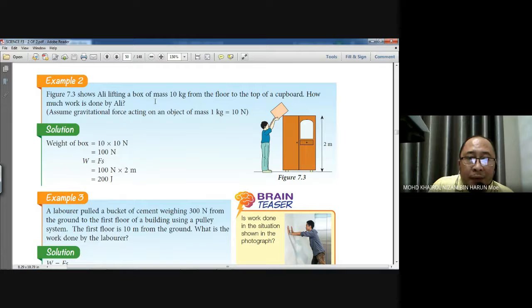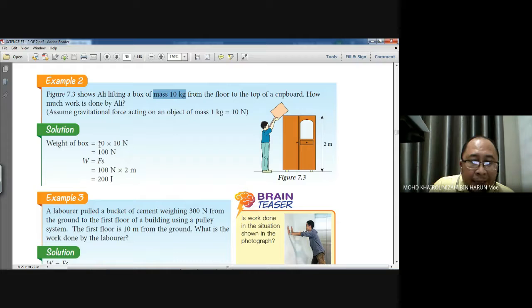That's why the calculation here is, okay, because given here, the mass of this box is 10 kilogram. So now what we have to take is the weight of this box. In order to find the weight, we have to multiply it with the gravitational force acting on this object.